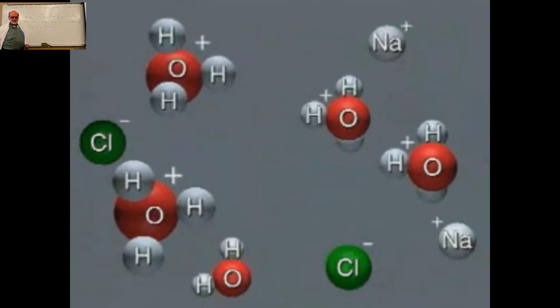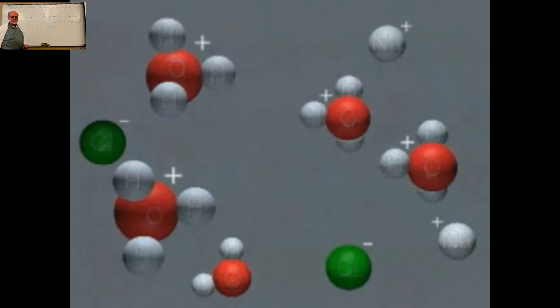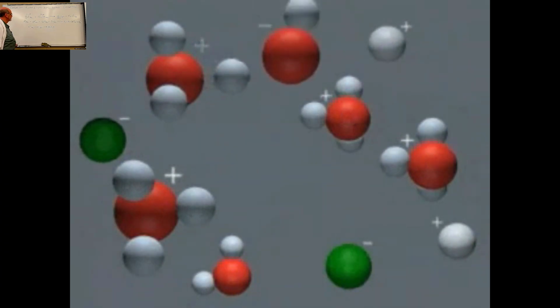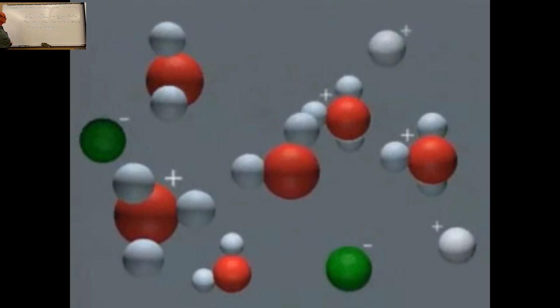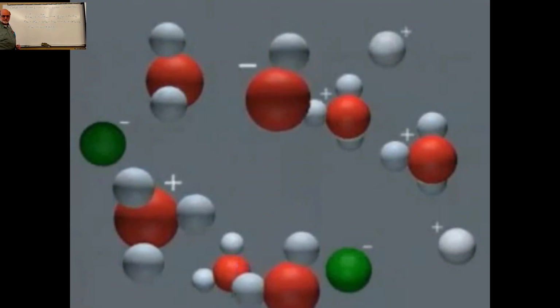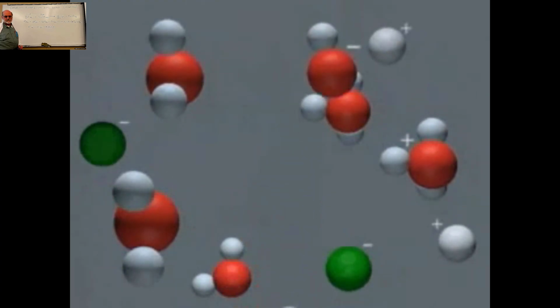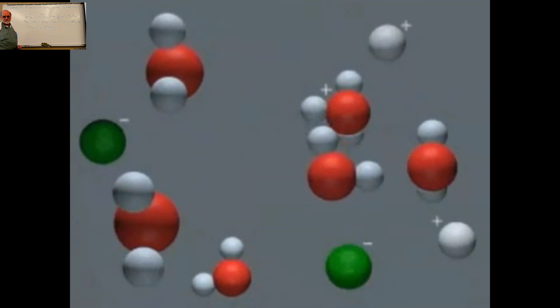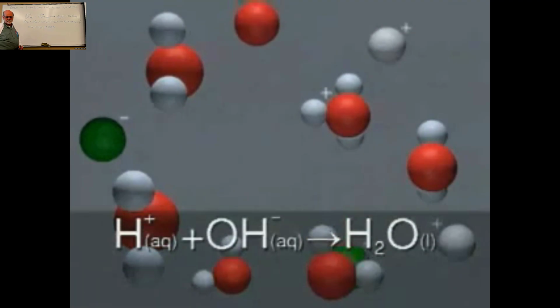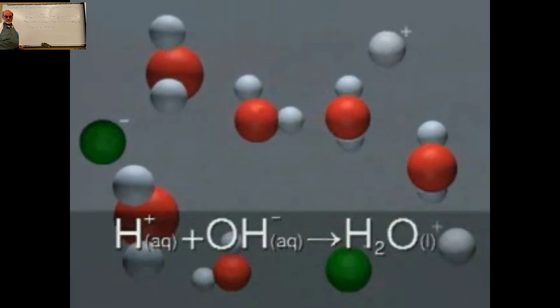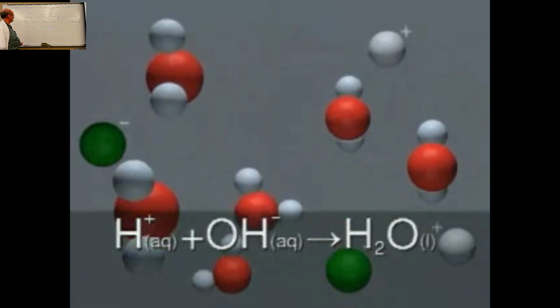In this reaction, hydrogen ions from the acid and hydroxide ions from the base combine to form water molecules. The sodium and chloride ions are unaffected and remain to form a neutral sodium chloride solution. Neutralization can be summed up by this simple ionic equation.